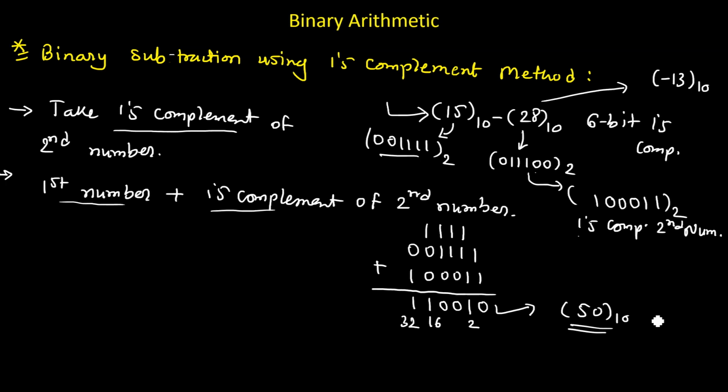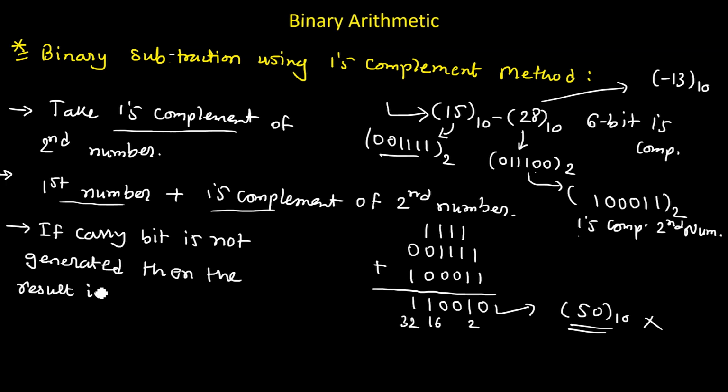One of the most important points is that if the carry bit is not generated, then the result is negative. Over here we don't have an extra bit or carry bit in the given example, so the result is negative.